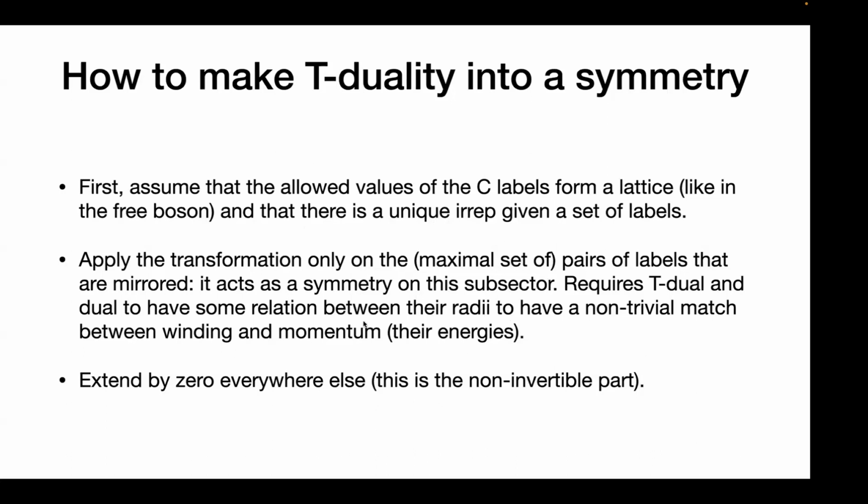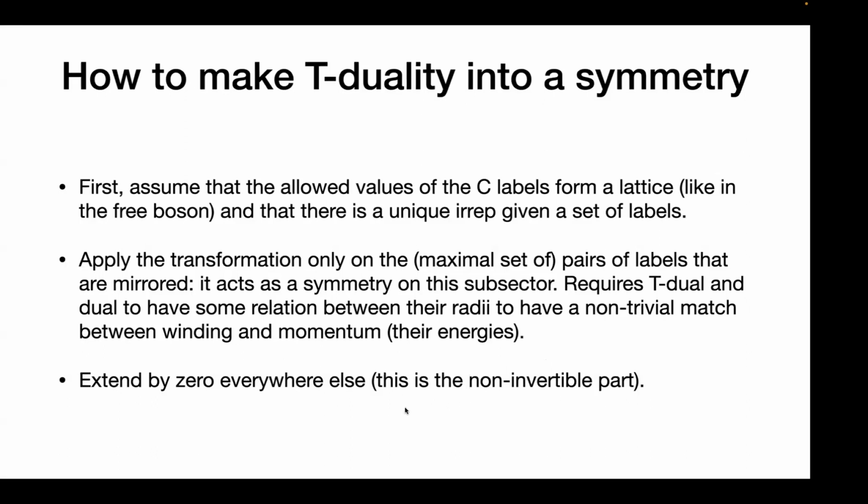And then you apply the duality or the transformation to the maximum set of labels that are mirrored, and you say that acts as a symmetry on this subsector. So this requires that the theory and its T-dual have some relation between the radii to have a non-trivial relation between winding and momentum and their energies. And then you extend by zero everywhere else, and this is the non-invertible part.